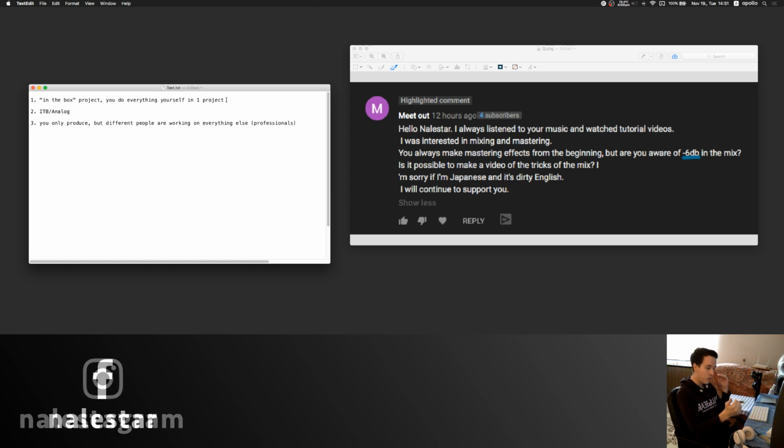As your question already mentioned, I already have an output chain set up, and I go from there. So I don't really feel the need to work at minus 6 dB and then export everything out again and get another project file just to again work with in-the-box plugins. It just doesn't make much sense for my own workflow.